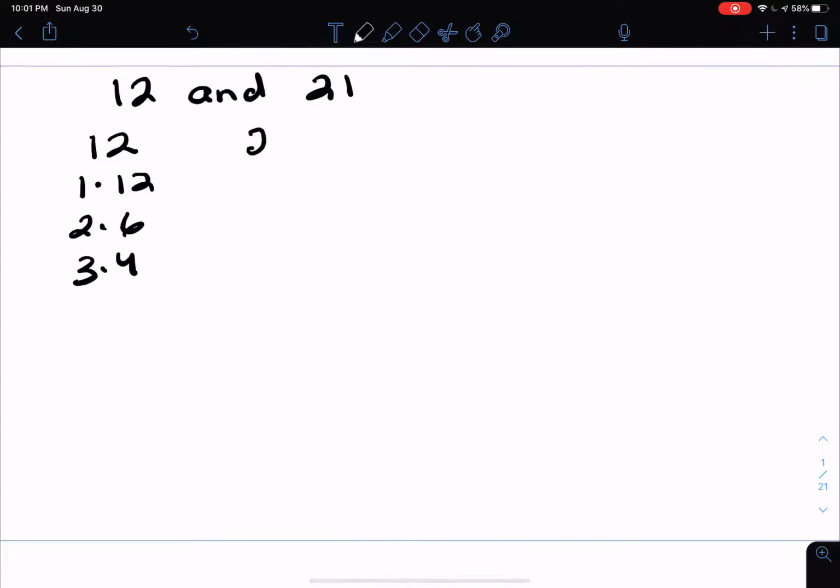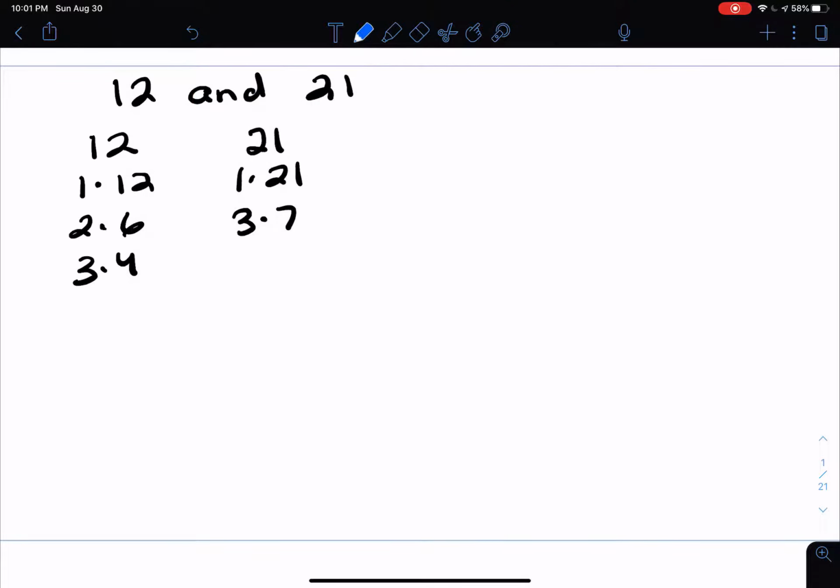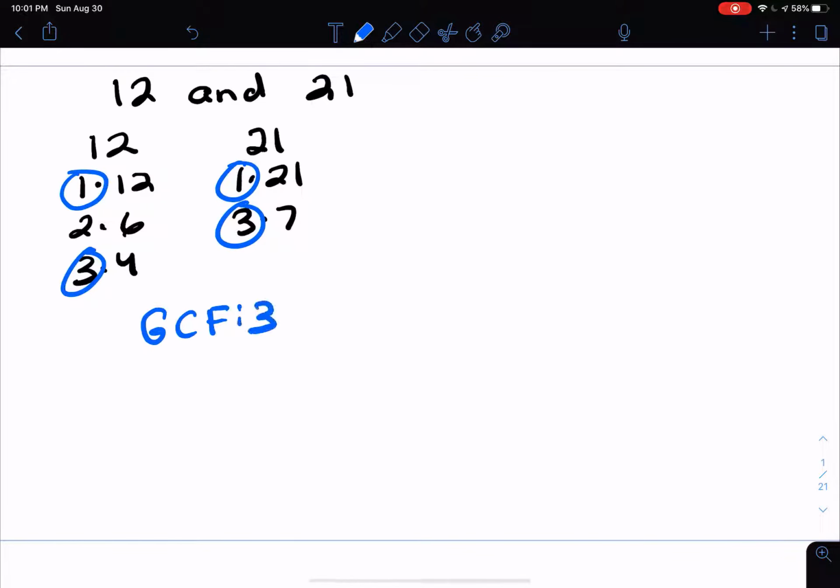And then you would have taken 21 and listed its factors. 1 times 21, 3 times 7. And you would have looked at, well, what do they have in common? They have 1 in common, they have 3 in common, and that's it. So you would have been able to say, oh, okay, so my GCF is 3. That was one way you did it.